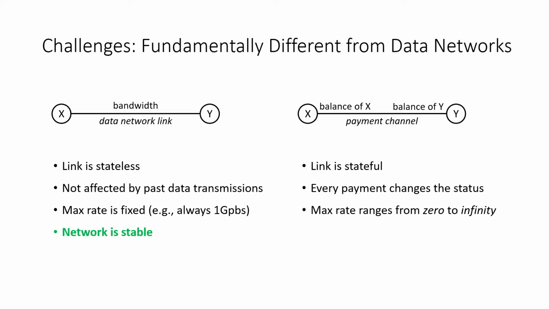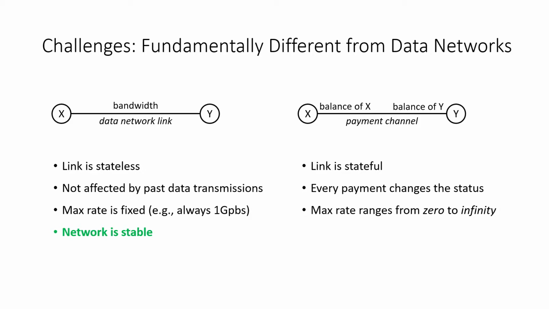However, for a payment network, the link is fundamentally different. It is not stable. Every single payment changes the payment status because it changes the balance. So the maximum rate, if you think about how many payments can transfer between these two parties, can range from 0 to infinity.